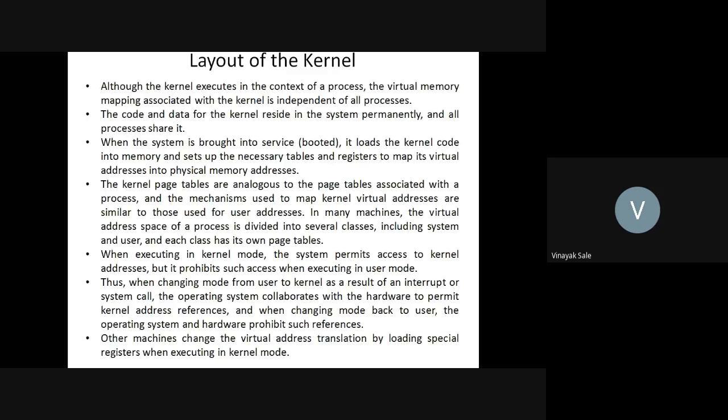In many machines, the virtual address space of a process is divided into several classes, including system and user, and each class has its own page table.